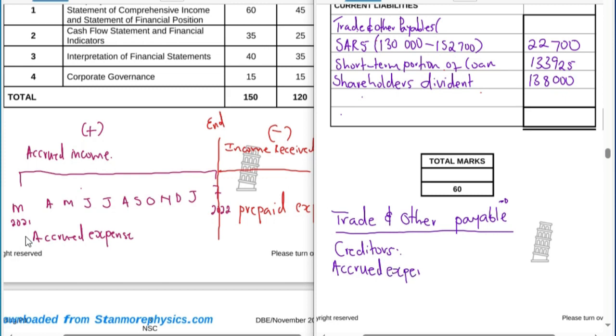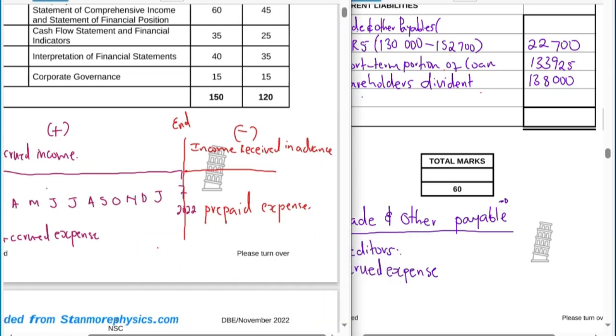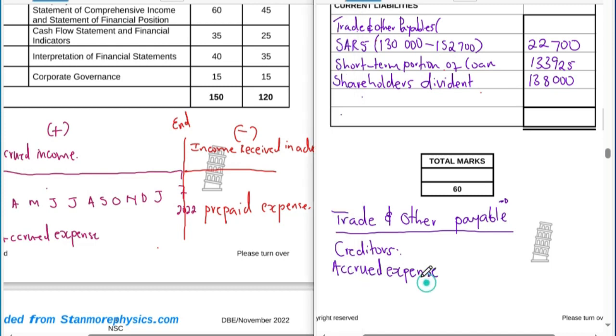And then also as a business, anything that has been received in advance, meaning money that we got at the end of our financial year, is called income received in advance. So anything that we got at the end of our financial year needs to go back to its owners. It must be payable to its rightful people, and then it will come to us in the next financial year.